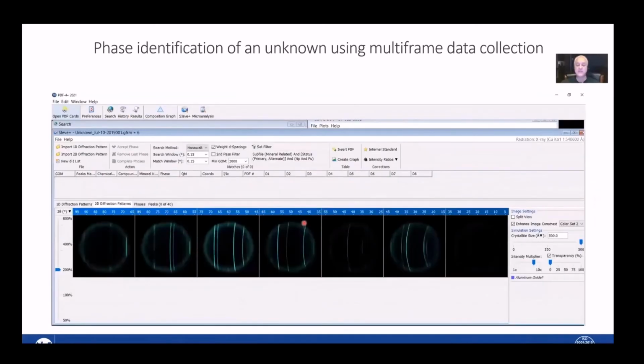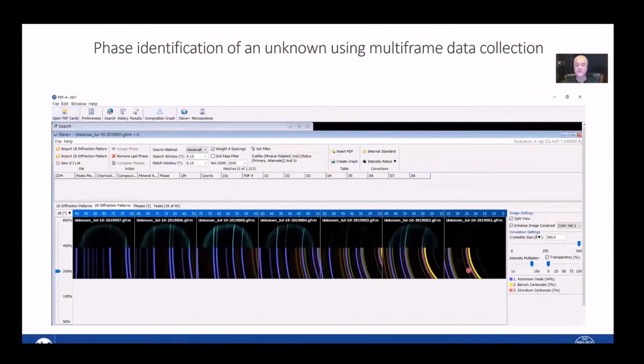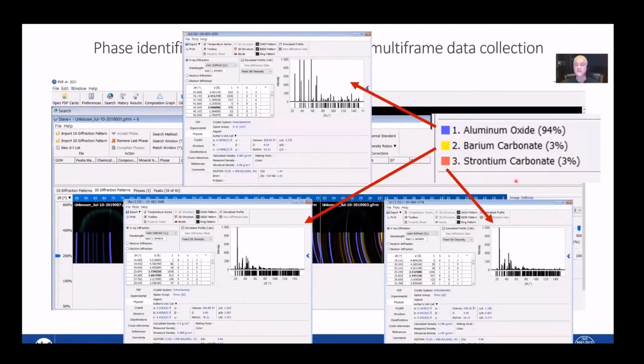We now have the capability of actually reading the 2D data, working with that data, and being able to do the phase ID and do a 2D pattern overlap of the different phases, identify the phases, and do a semi-quantitative analysis of the phases using our I over I corundum RIR capability built in the powder diffraction file. So it's another feature, another capability added for the analyst to use to do a better job of materials characterization.